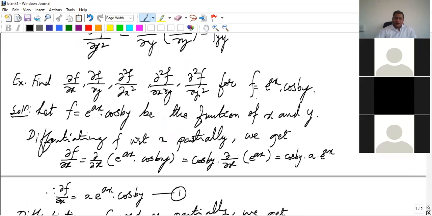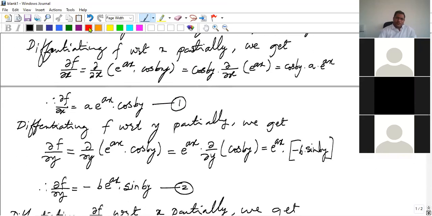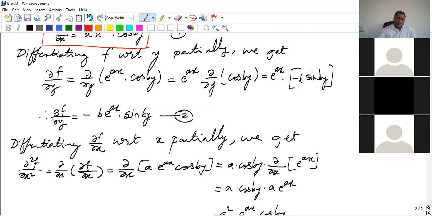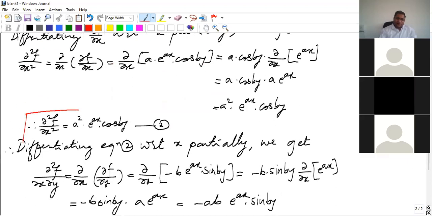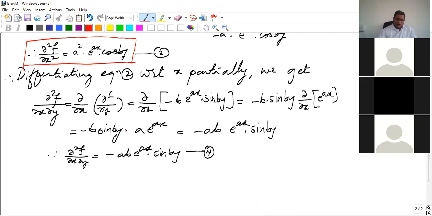Okay, so we got the first order derivative with respect to x. We got the first order derivative with respect to y. Then we differentiated the derivative of f with respect to x again, and we differentiated the derivative with respect to y with respect to x again.